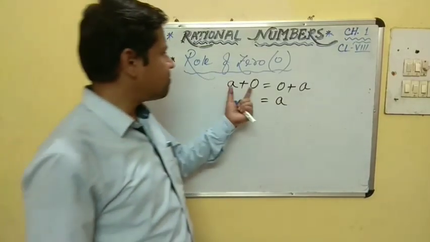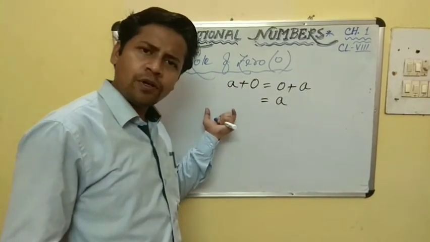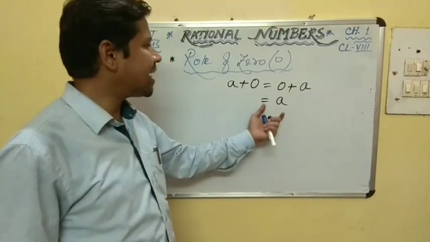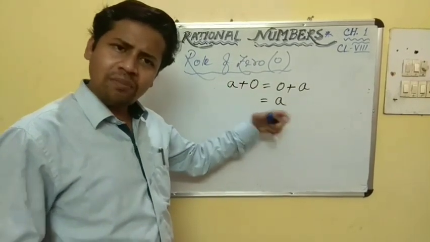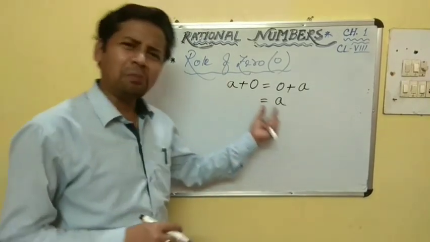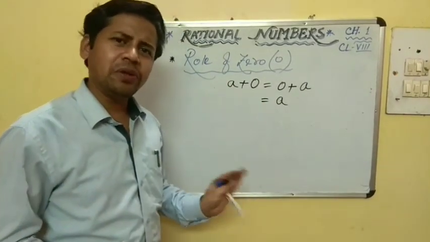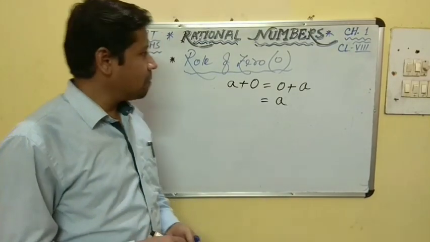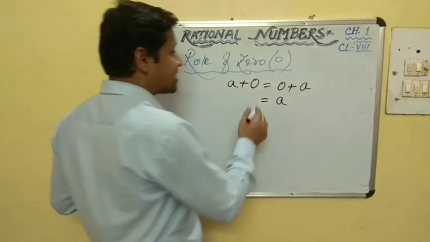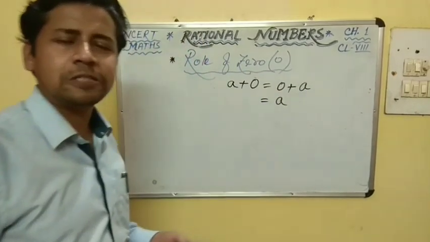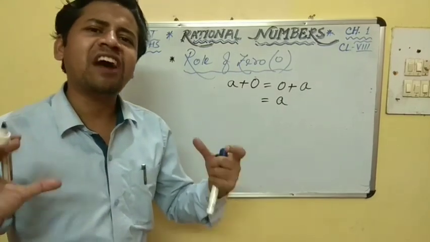That means if 0 is added to a rational number, or a rational number is added to 0, in both cases the rational number remains unchanged. It will be the same. It may be negative or positive, no matter. We have already learned it in the earlier classes. For this case, we say that 0 is the identity element. It's called the additive identity.